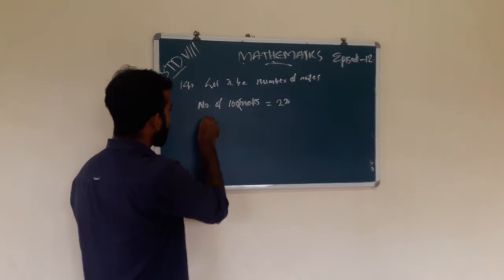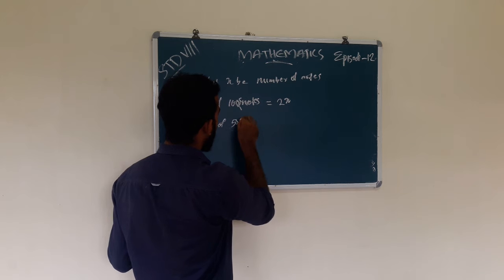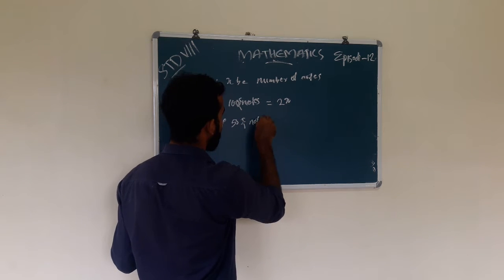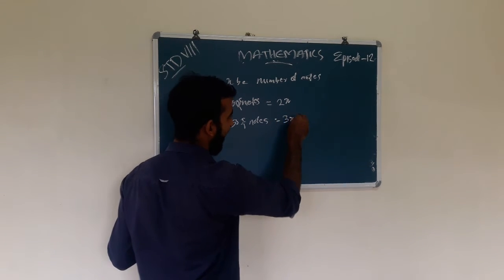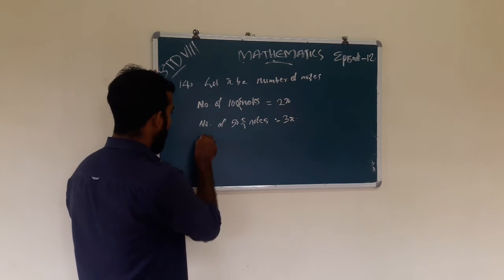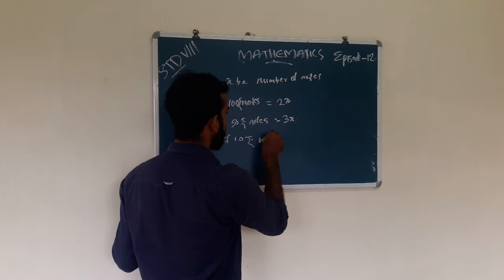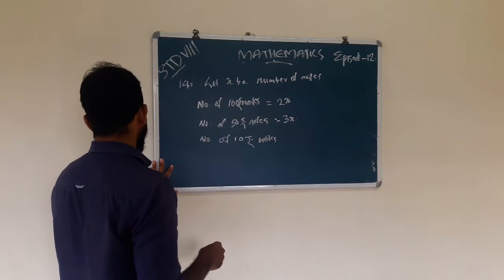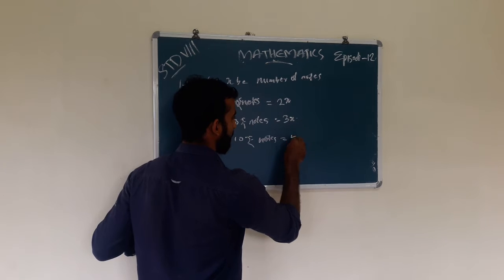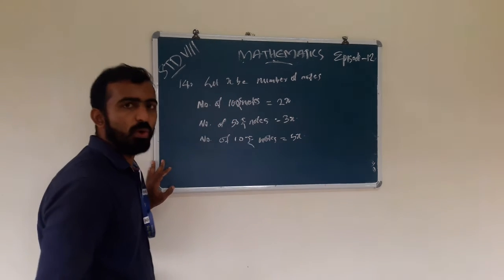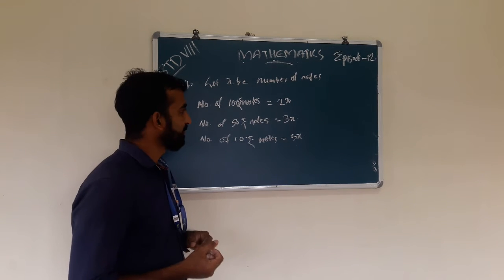The number of 50 rupee notes we can write as 3x. And the number of 10 rupee notes is 5x.